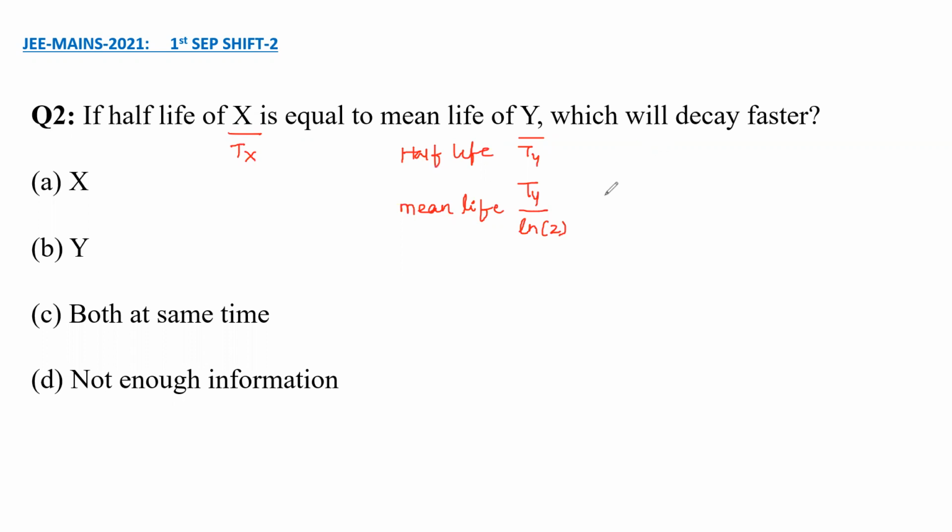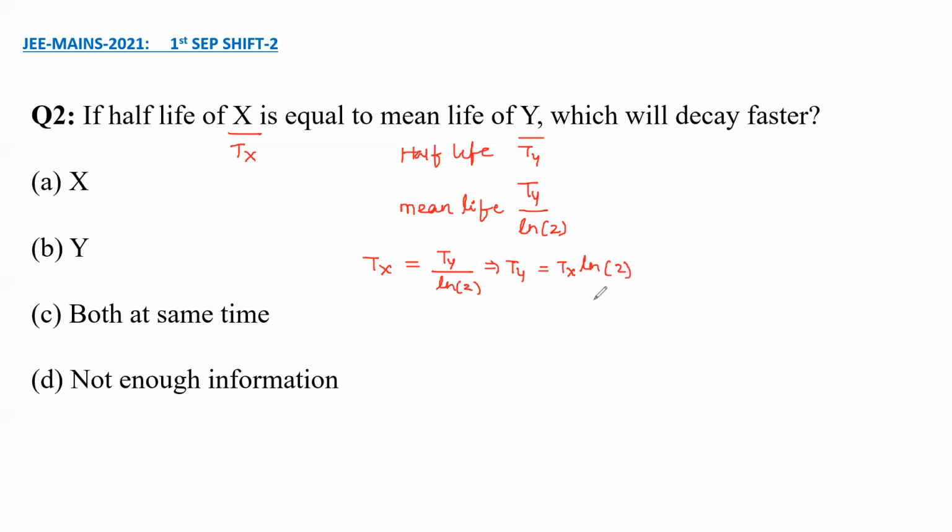So lambda is ln 2 by T half, so 1 by lambda is T half by ln 2. So they are saying Tx is equal to Ty upon ln 2. So Ty is equal to Tx times ln 2.